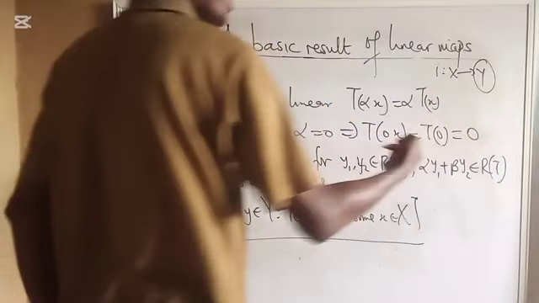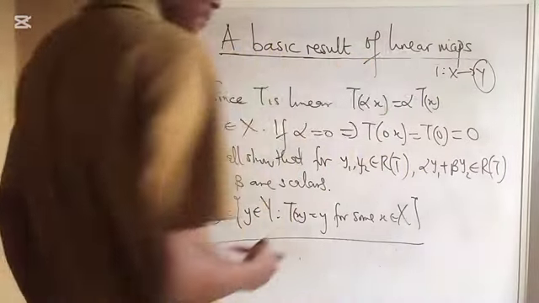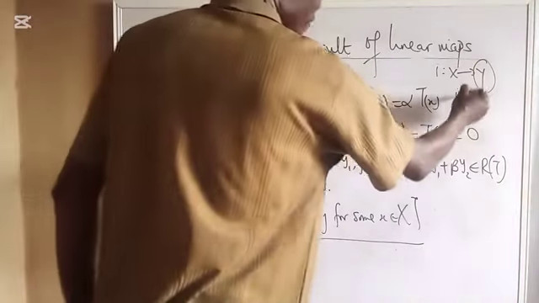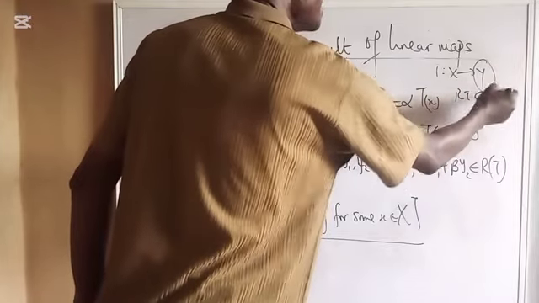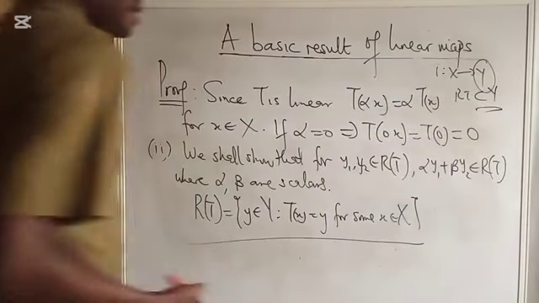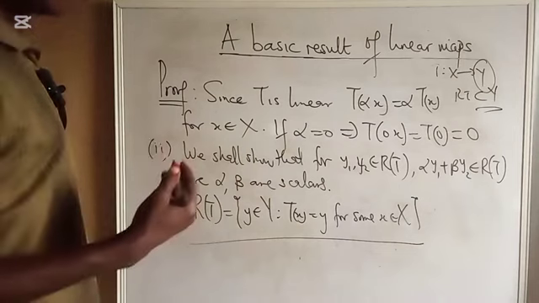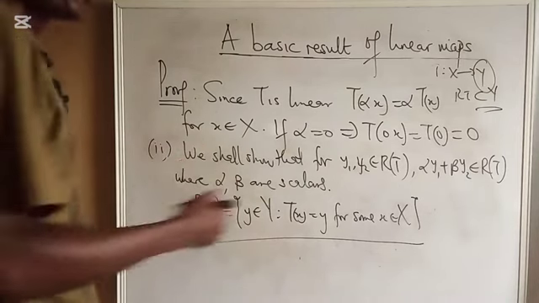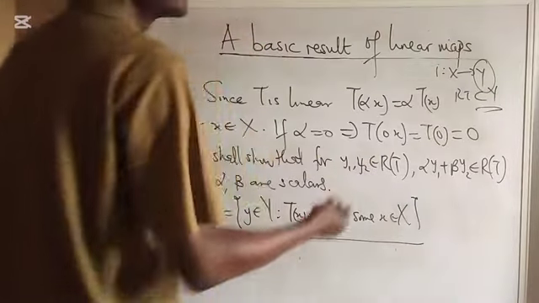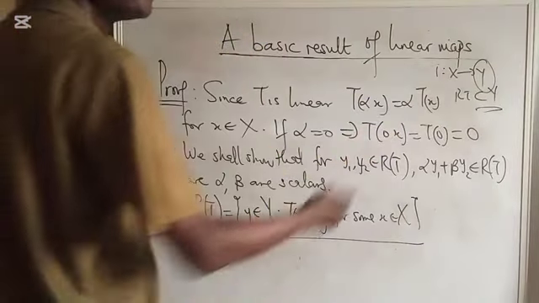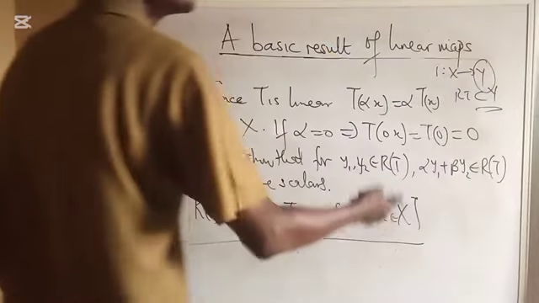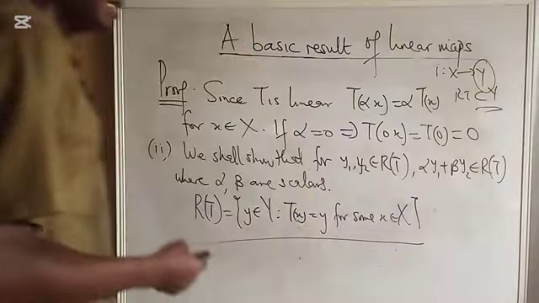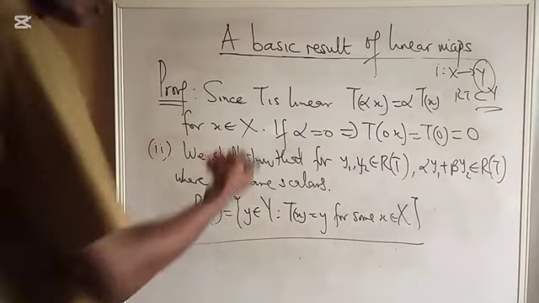That is, T takes X to Y. It is inside this codomain that we have the range of this particular T. So what we want to show now is that the range of T is a linear subspace of Y. Remember, Y is a linear space. So X and Y are linear spaces, and T is a linear map that takes X to Y. So the range of T will be a sublinear space of the linear space Y. That's what we want to show now.